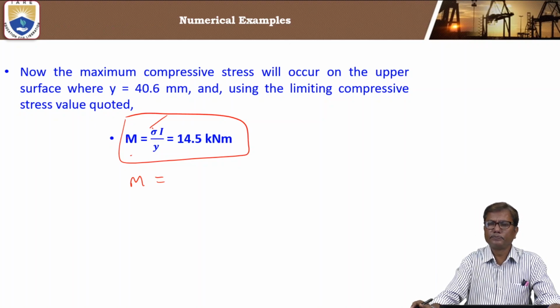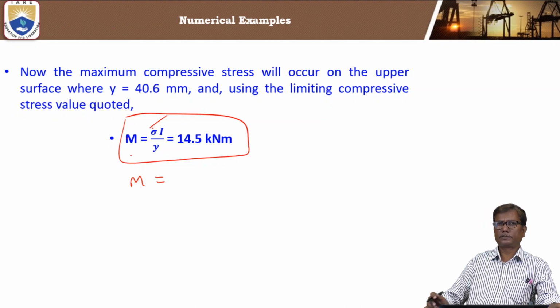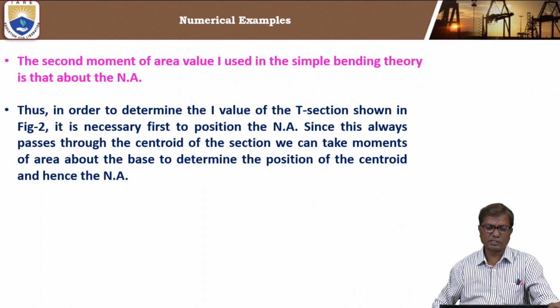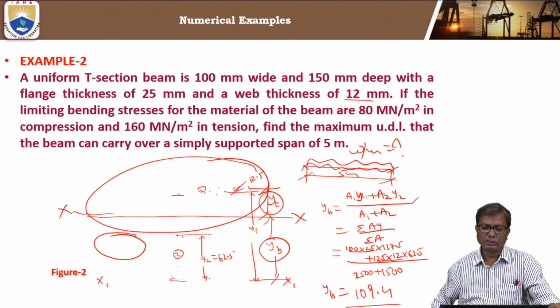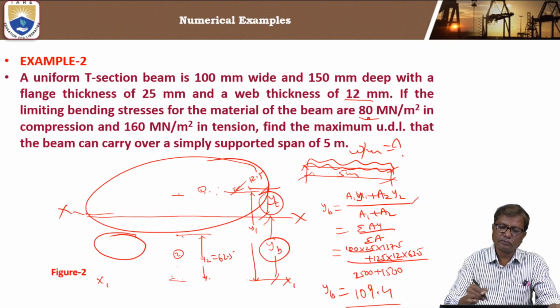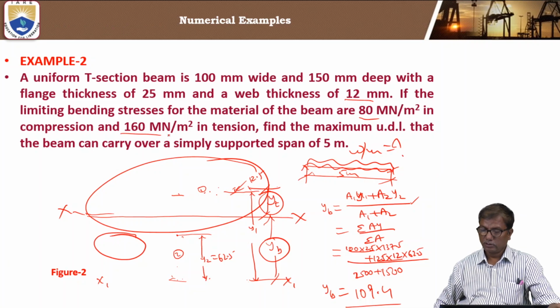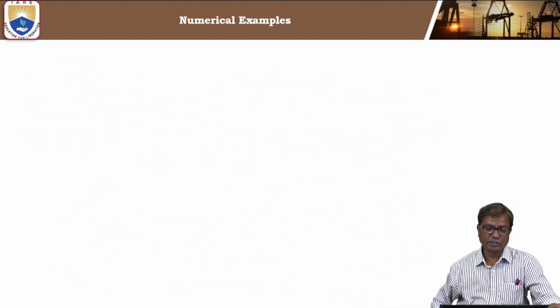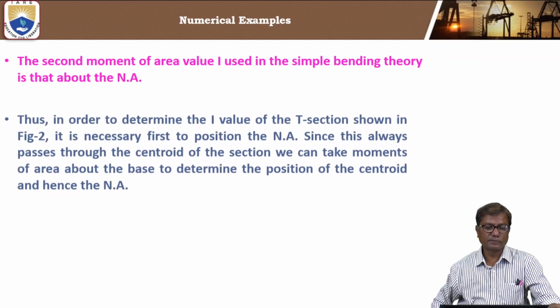The limiting value of bending stress is given as 80 meganewton per meter square.